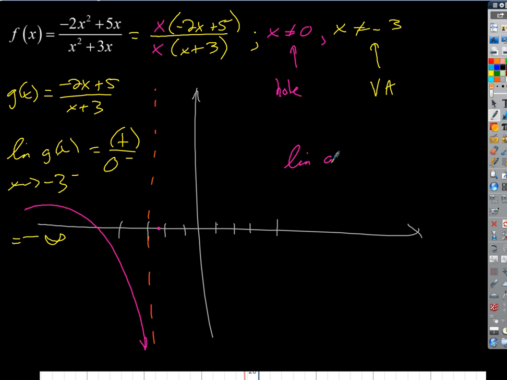The limit of g of x as x approaches -3 from the right is gonna be what? Maisie, what are we gonna get on top? Same thing as before, right? Whatever that was, it's some positive number, but on the bottom this time we're getting 0 positive.